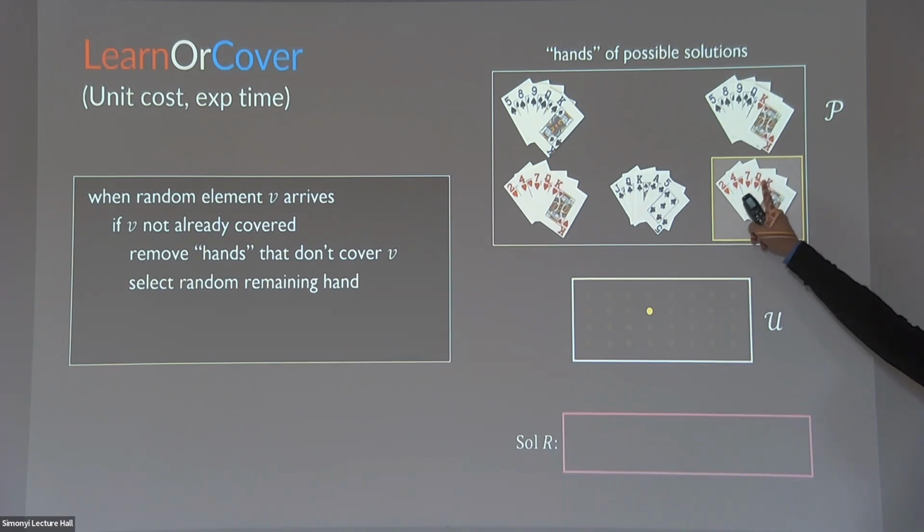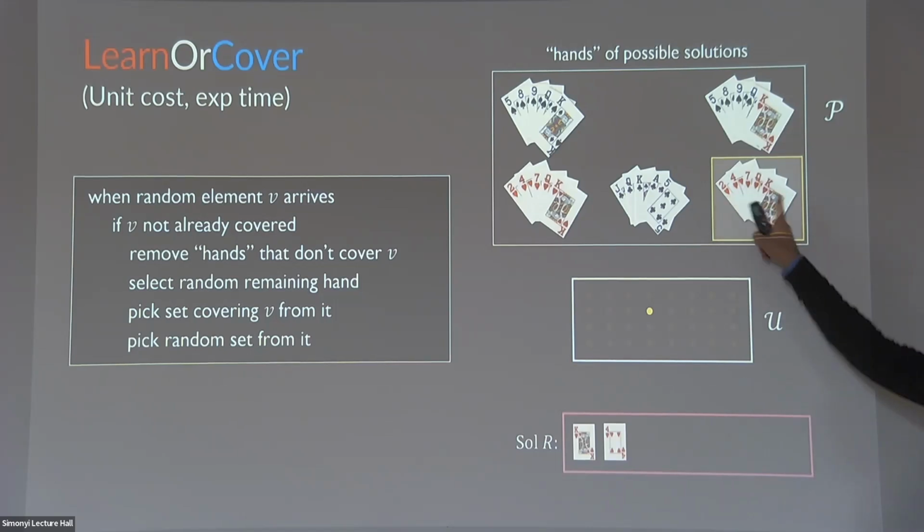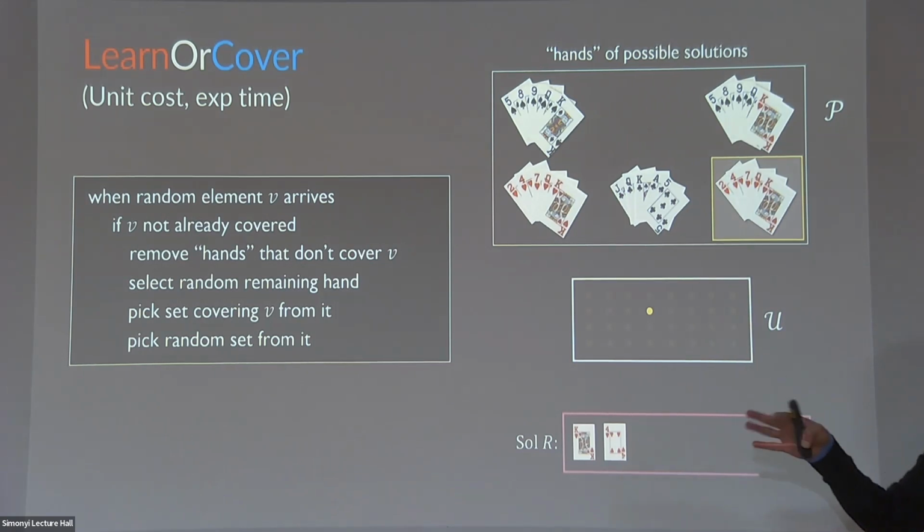This contains at least one set that covers this element. Pick that set. One more thing: pick a random set from this hand as well. This is not the only possible algorithm, but this one is particularly clean in my mind.